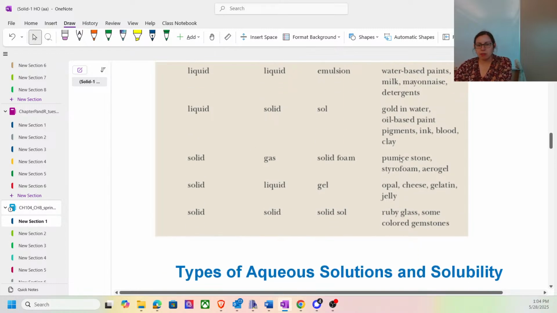Solid gas, that'd be like a pumice stone. Solid liquid, so gelatin or cheese. Again, just thinking about how those form. And then solid solid, thinking of mixtures like colored gemstones or ruby, where all the little impurities in minerals make it colored.